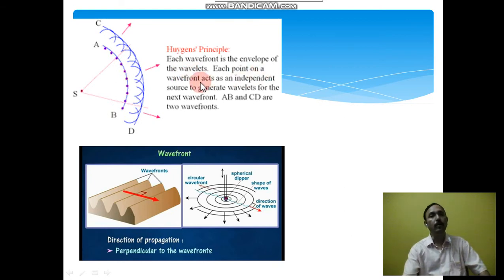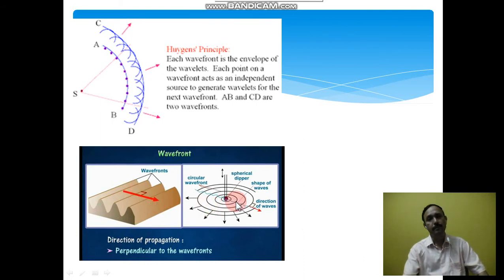So each point on the wavefront acts as an independent source to generate wavelets for the next wavefront. AB and CD are the two wavefronts shown here. Here, these are the crests, these are the troughs. Crests, troughs. So this is how it is propagating.